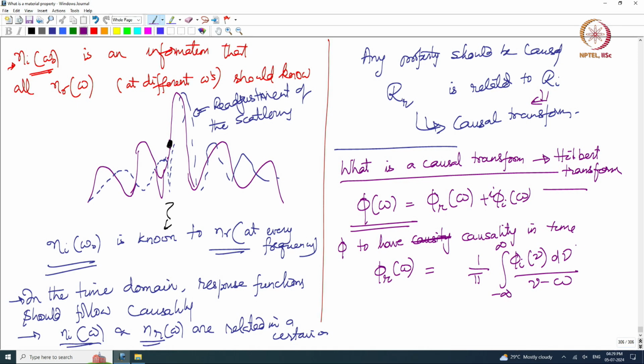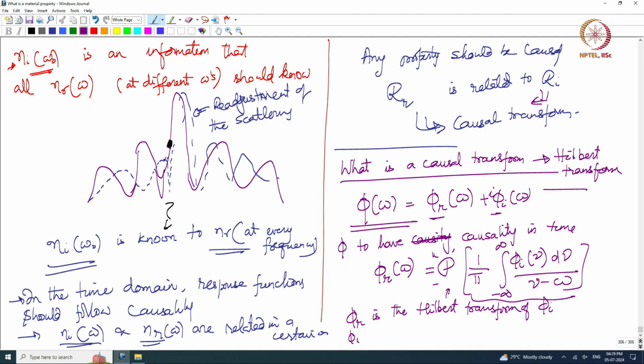I take what is called the principal value of this, but I will explain what this means later. So for now this is the formula for a Hilbert transform. So phi r is the Hilbert transform of phi I, which is defined in this fashion. Also phi I is the Hilbert transform of phi r. So both of them should be Hilbert transforms of each other.